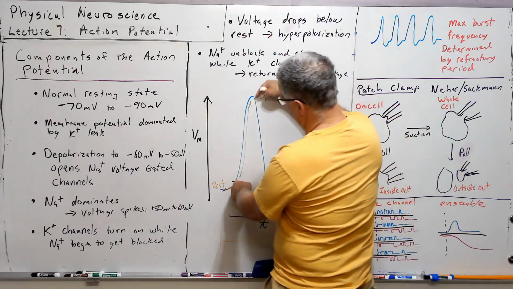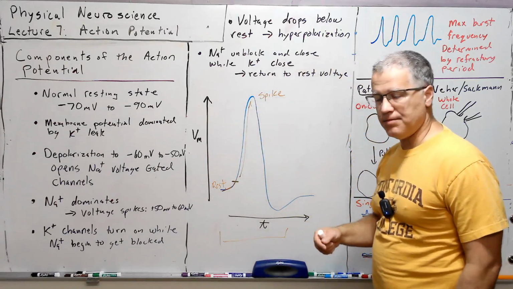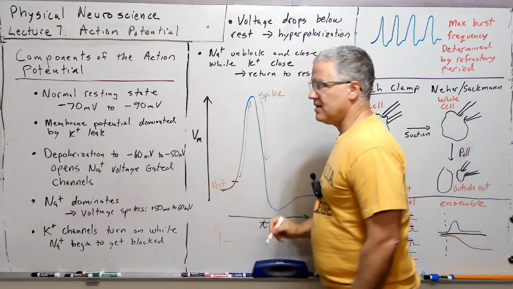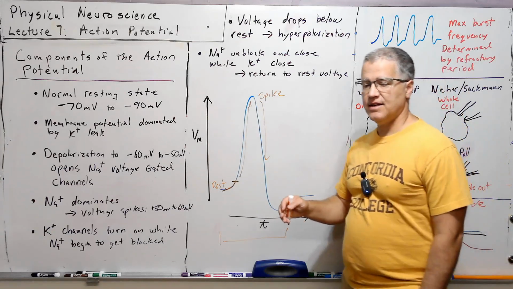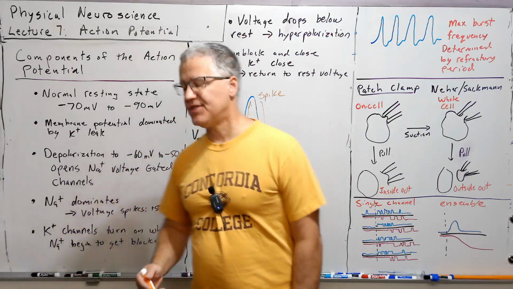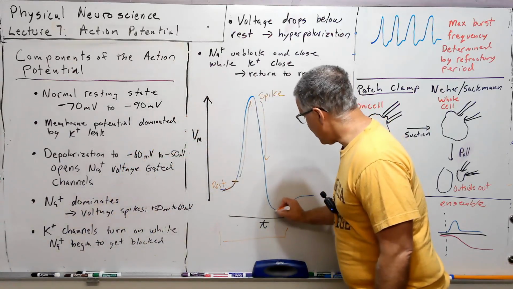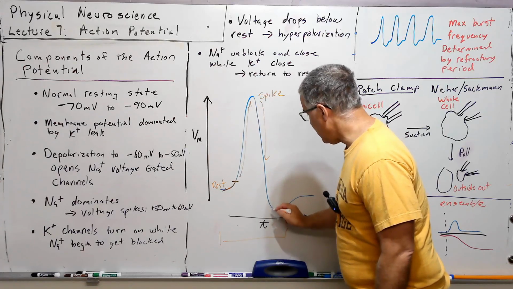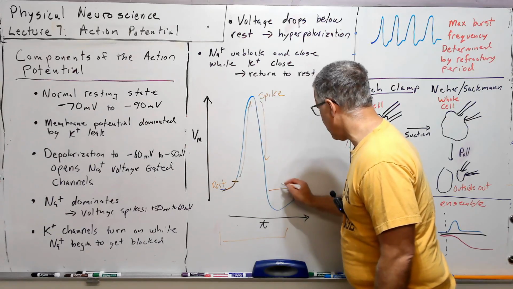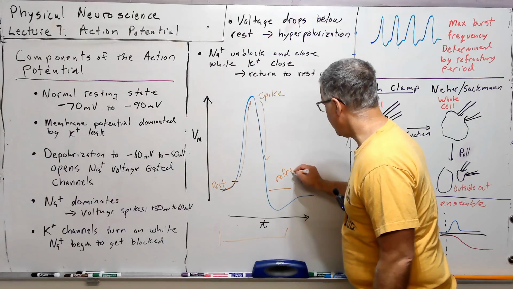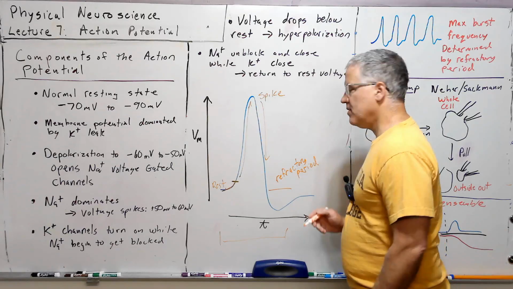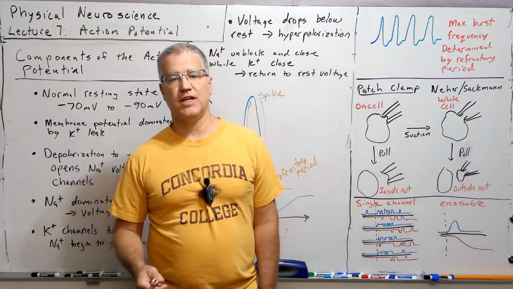So during this period, our sodium channels are opening up rather quickly. But then they're beginning to get blocked, right? And so because of that, the sodium no longer dominates that Goldman-Hodgkin-Katz equation. So we drop down now, and in the meanwhile, the potassium channels are opening up. So we drop into this period called the refractory period, where we're actually below the rest potential.